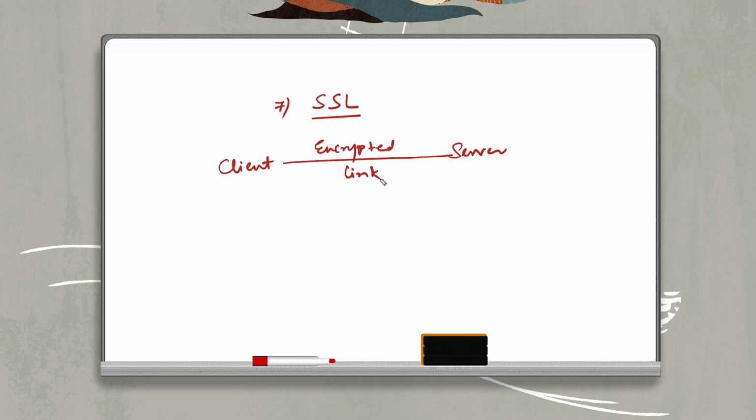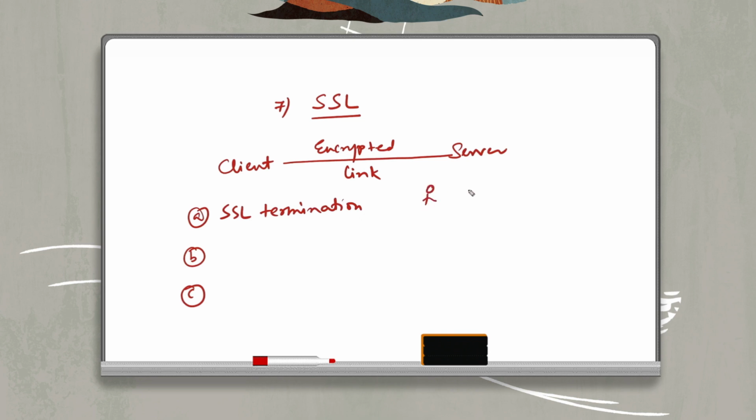Then the 7th concept is on SSL. So there is a client, and then there is a server. By SSL, we mean that it's basically an encrypted link. And in OCI, there is support for SSL termination. What happens in case of SSL termination?